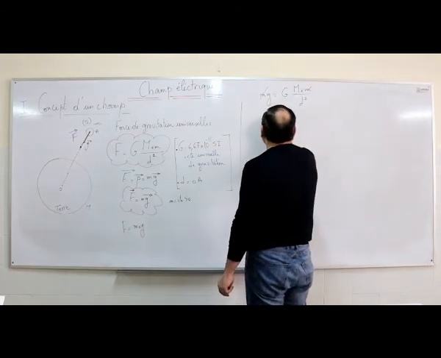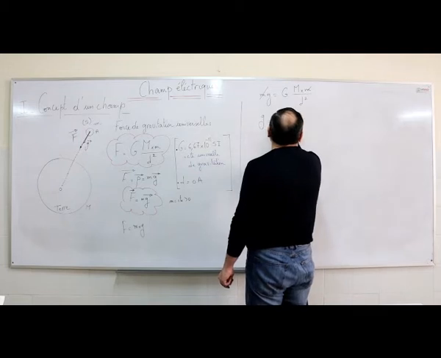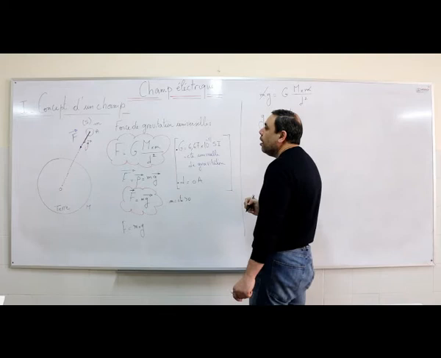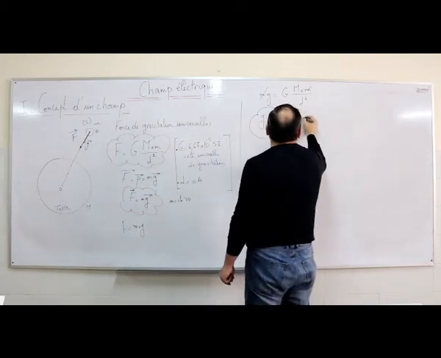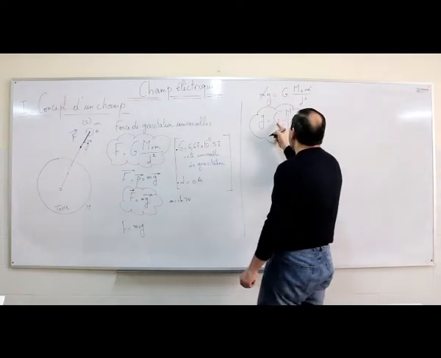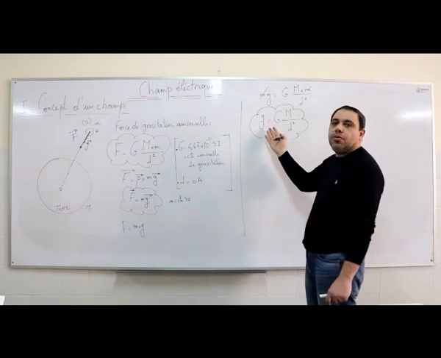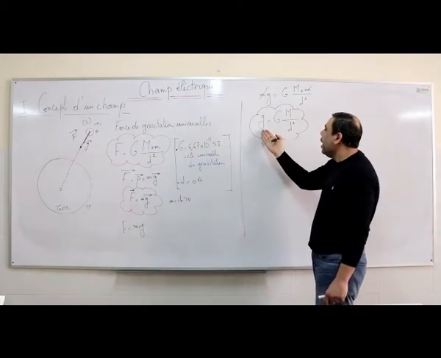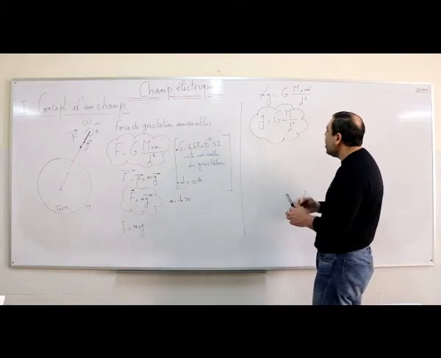We can simplify by m, and we get that the magnitude of the gravitational field becomes G M over d squared, at a point A. The magnitude of the gravitational field vector at the point A is equal to G times M over d squared.